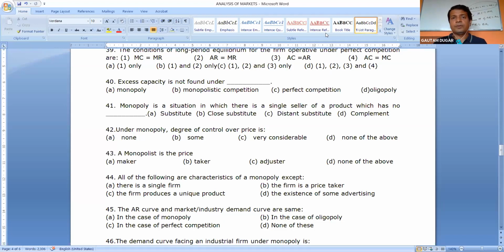The rest of the firms all have excess capacity. Always remember, everyone, in multiple choice question exams, you need to be more serious. You have to read the entire question. Subjective exams are comparatively easier than MCQs. It's not a joke here. I'm serious.